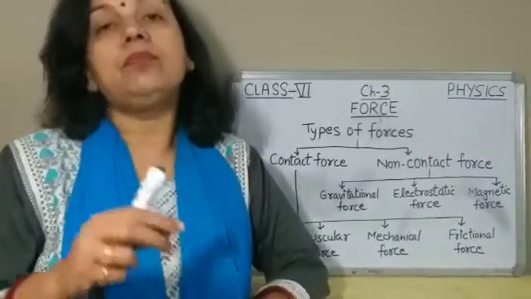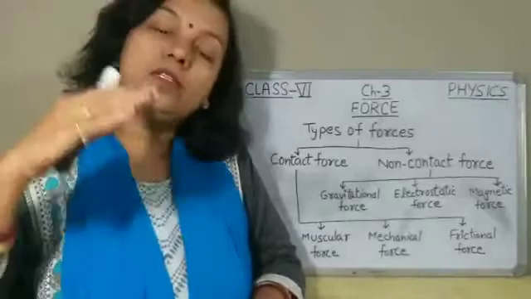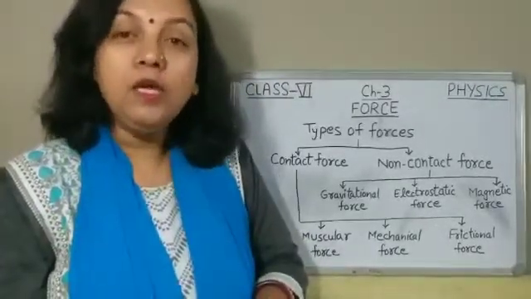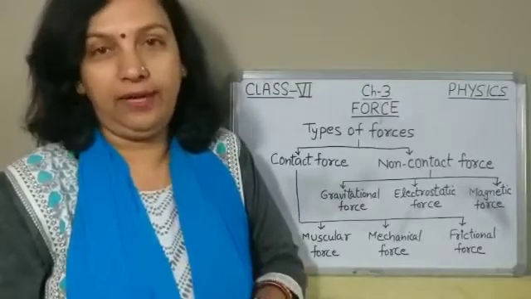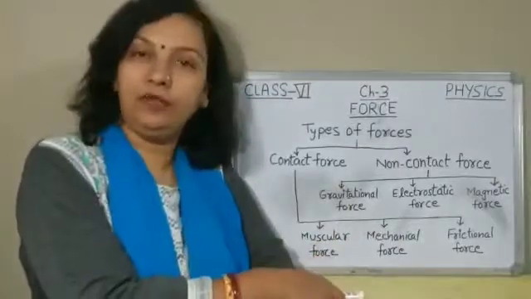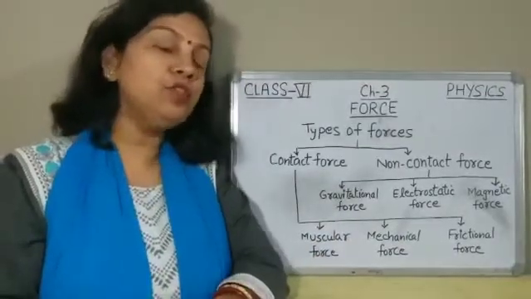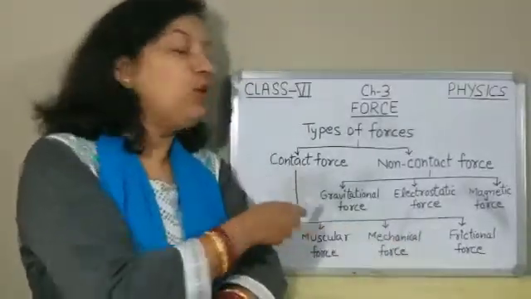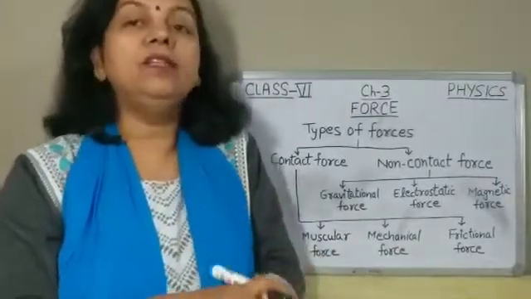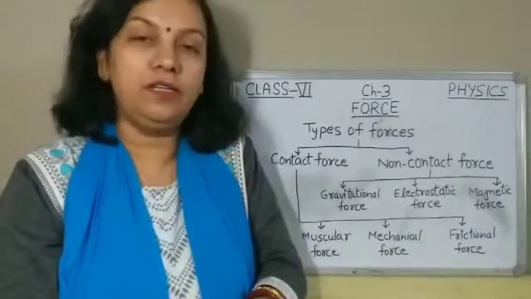Similarly, water falling from a certain height is used to rotate the turbines to generate hydroelectricity. So, mechanical force is also a contact force. Frictional force is another example of contact force because only when two bodies are in contact does frictional force generate.